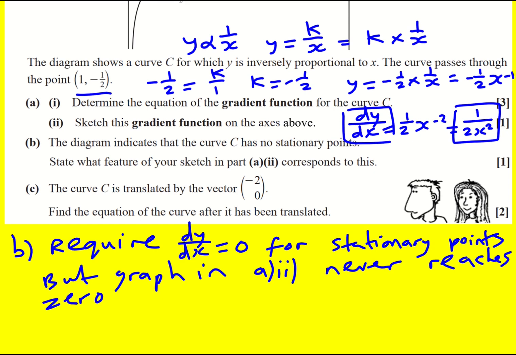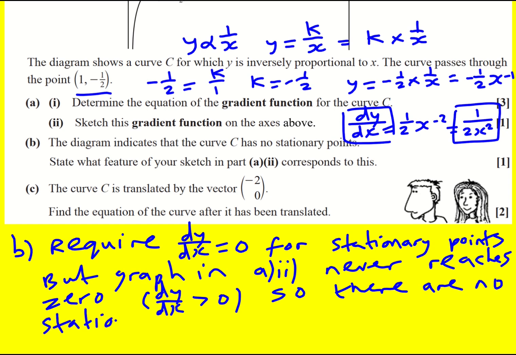Just checking what I wrote. Yeah, dy by dx is never 0. Maybe I'll say dy by dx is always greater than 0. So there are no stationary points. I think I've probably written more than I need to, but better to be comprehensive than not enough.